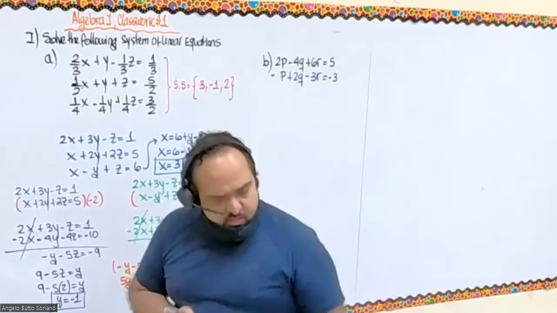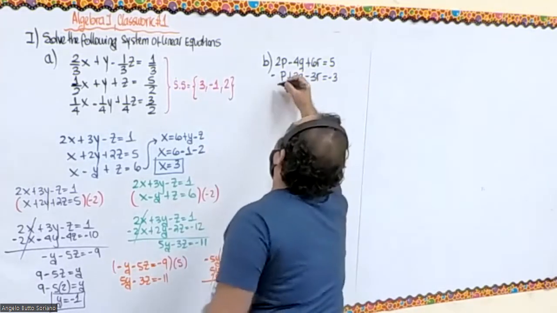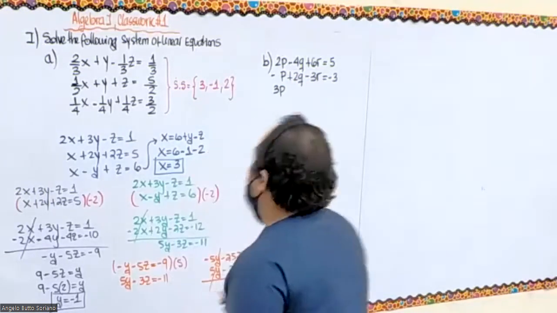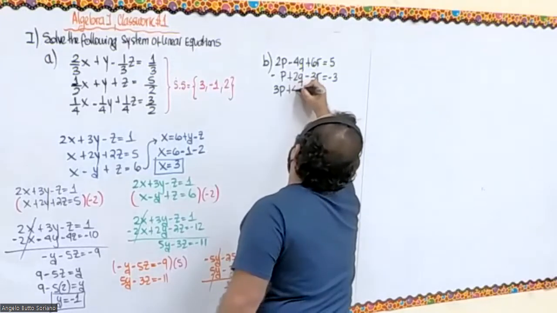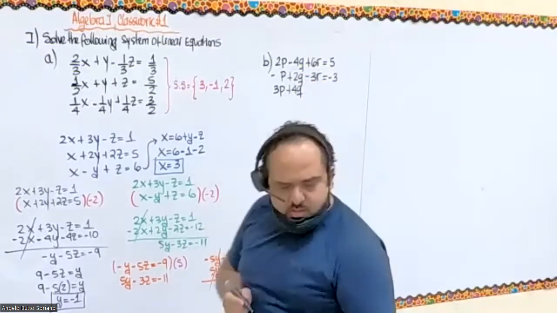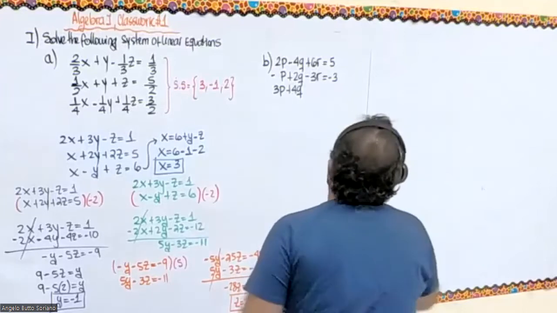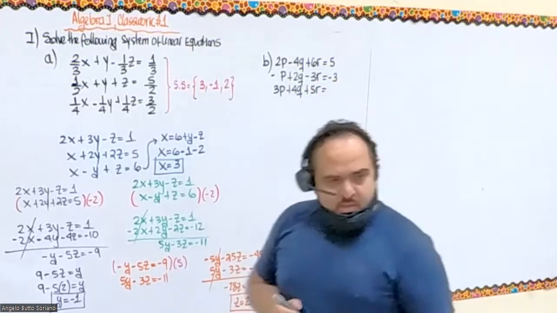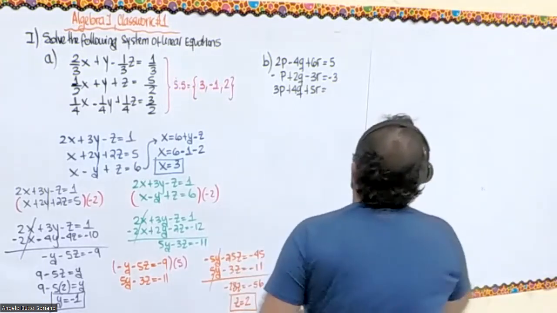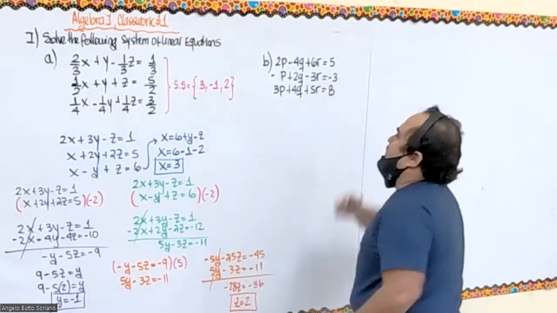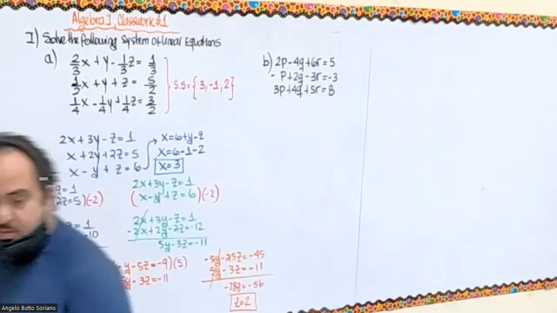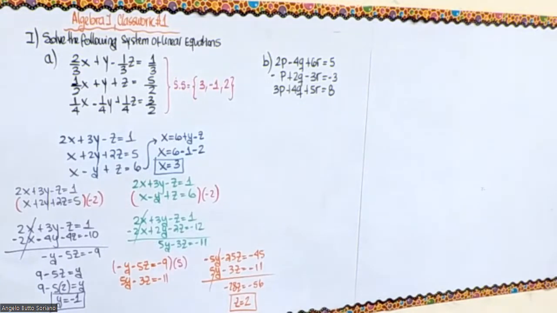And the last one, we got 3p plus 4q plus 5r equals 8. Okay, this is the letter B. You don't need to create an arrangement because we have whole numbers. Well, it's simple for us.